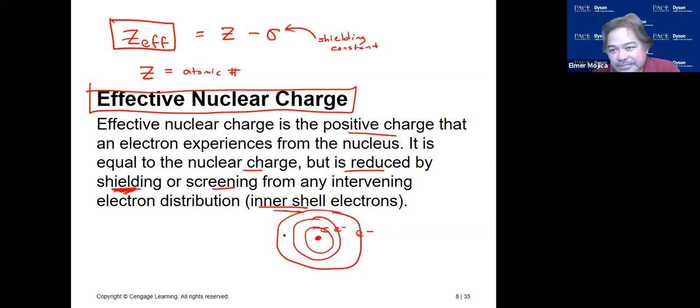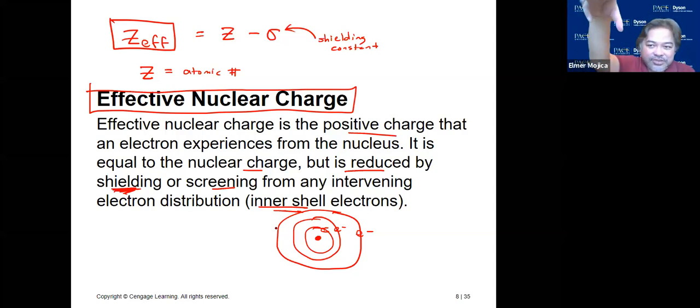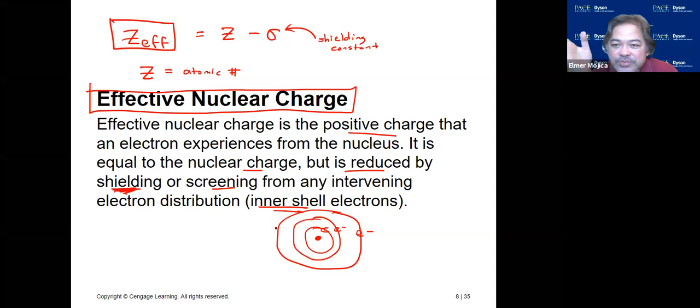Okay? So the bigger the atom, we could say the greater is the effect of the shielding constant. Why? Because the bigger the atom, the more likely you're going to be shielded by the inner electrons. Just imagine yourself trying to view an event, but you are far from the event.